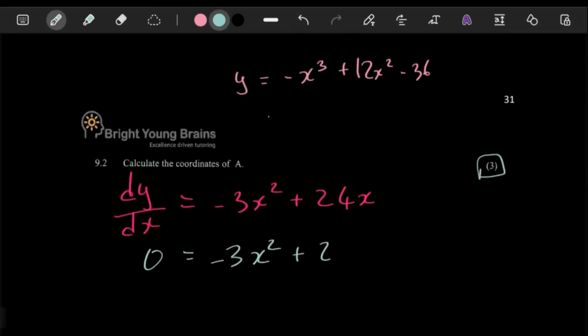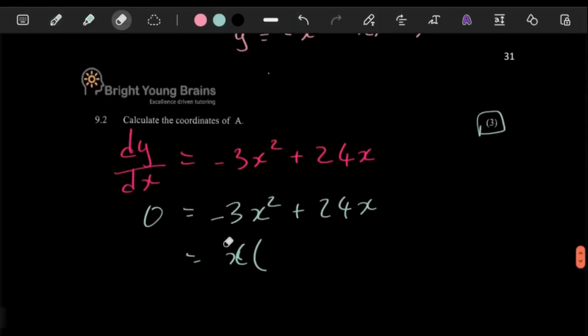So solving for x here, we can just take out x as a common factor. No, we can take out 3x as a common factor, actually. We have here -x plus 8.